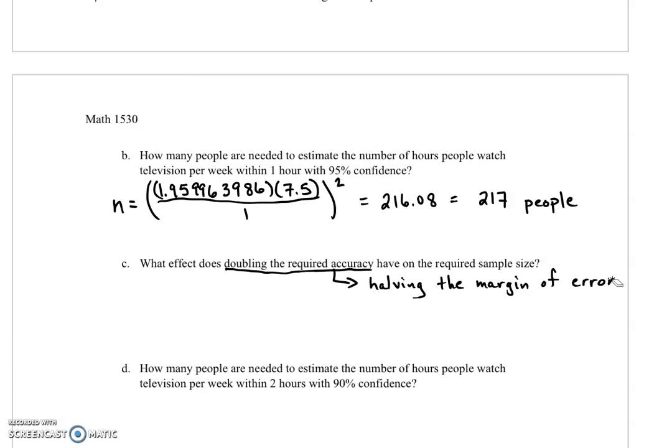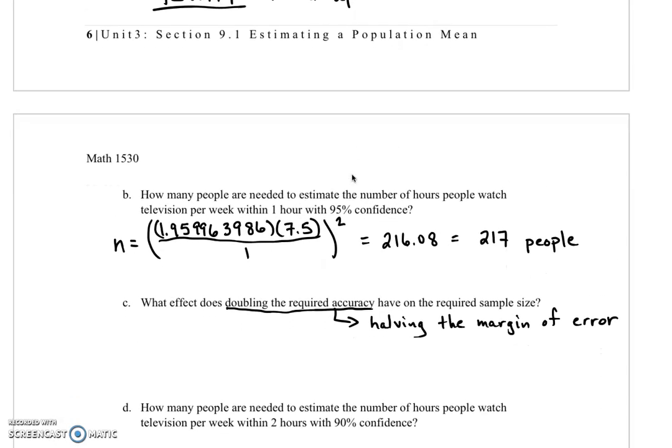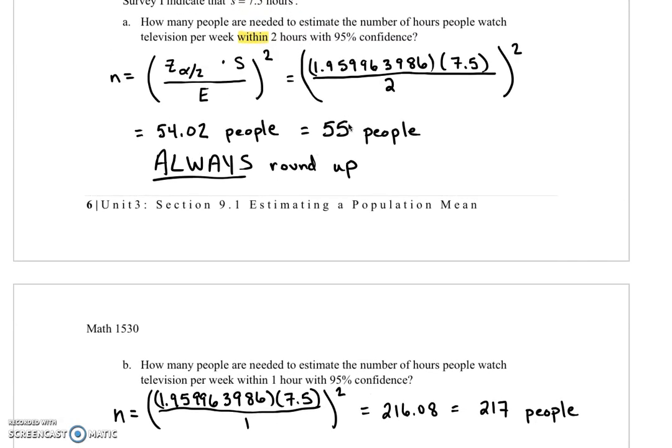We started with a margin of error of 2 in the first part of the problem, and in the second part we had a margin of error of 1 hour. So from A to B we halved the margin of error. What happened to the sample size?